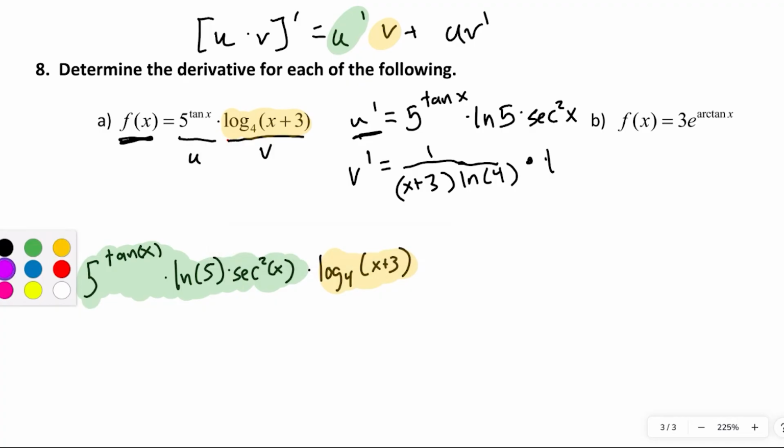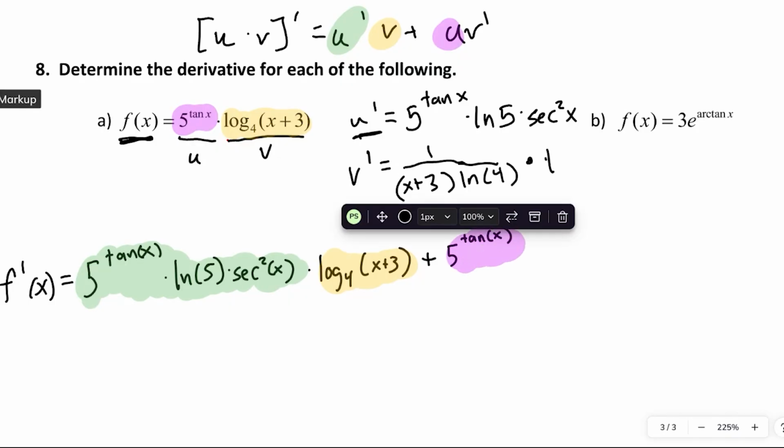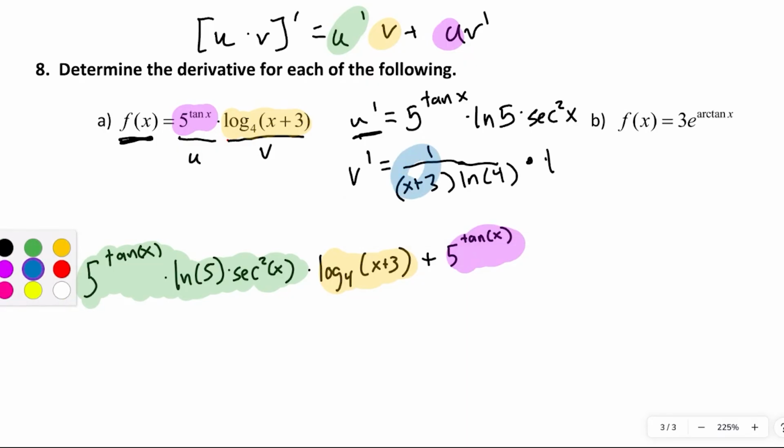And now let's do u. So that's the 5 to the tangent x. So plus 5 to the tangent x times v, or v prime.